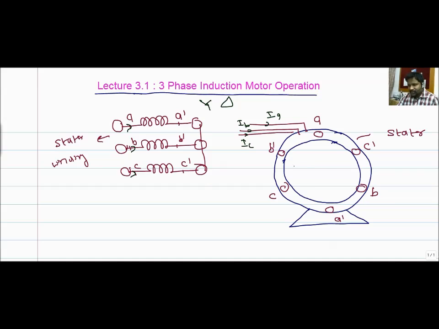Similarly, inside this machine there is a rotor. This is the rotor. It is stationary at that point and we have to rotate it. This also contains three-phase windings, or rotor bars or copper bars, and this is the shaft.